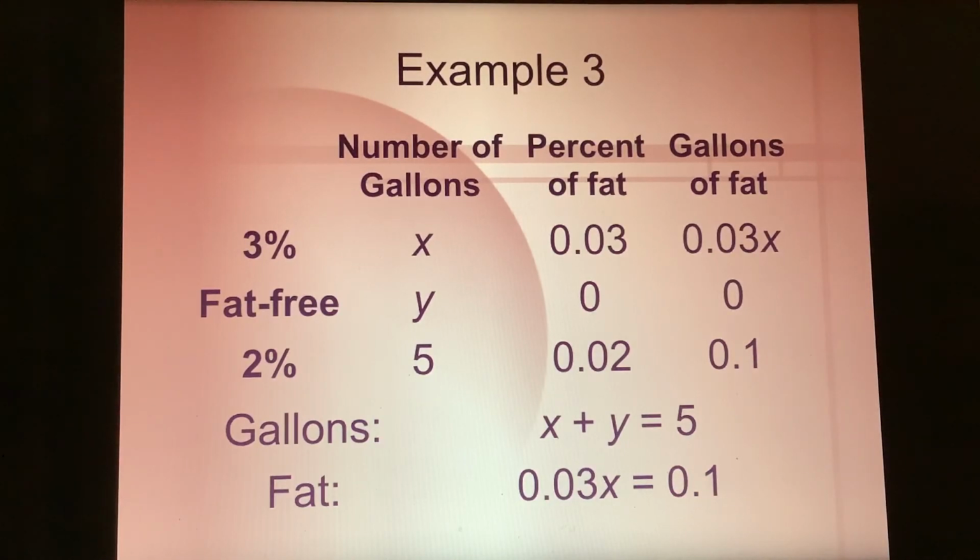The 2% is at 0.1. Now, how did we get that? Because the y is 0. And then so we just have 0.03x is equal to 0.1.